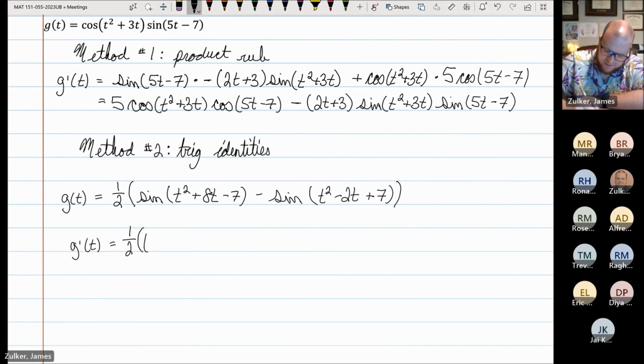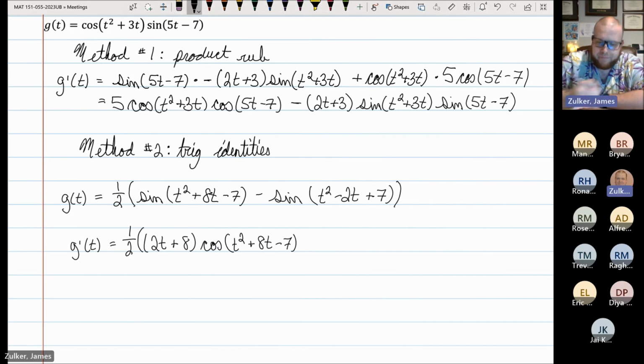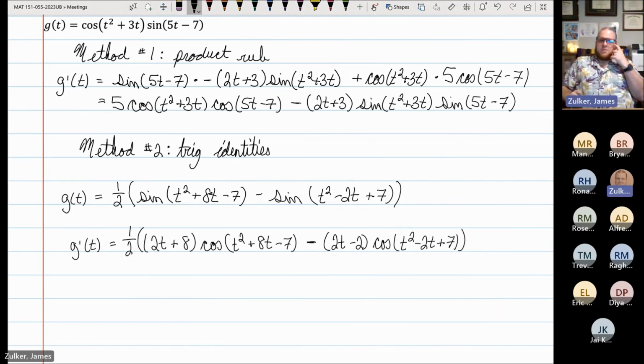Derivative of sine: u prime times the cosine of u. Now derivative of sine again, u prime times cosine of u.